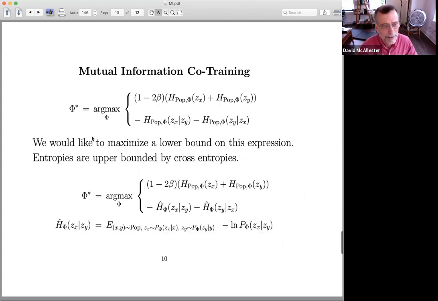Let me skip ahead. What we can do is we can replace these terms with cross entropies, right? So now this population subscript has disappeared, right? So it's a cross entropy. So actually there is still a dependence on the population, but the dependence on the population is just, this is a cross entropy to a model.